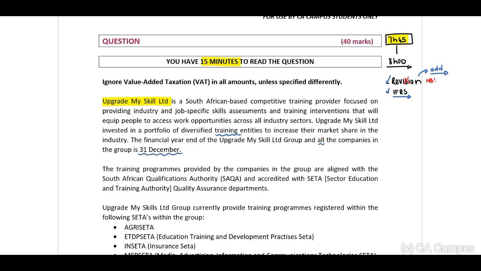The training programs provided by the companies in the group are aligned with the South African Qualifications Authority, SAQA, and accredited with SETA, the Sector Education and Training Authority Quality Assurance Departments. Upgrade My Skills Limited Group currently provide training programs registered within the following SETAs within the group: our Agri SETA, our ETDPS SETA, our IN SETA, and our MES SETA.